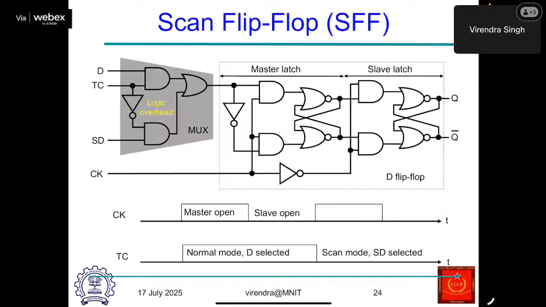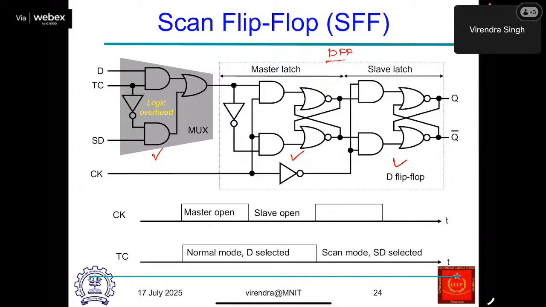So now you can see that my flip flop is augmented like this. As I said yesterday, we are using a D type flip flop in master slave configuration, this is the master, this is the slave, and we add a multiplexer along with this.